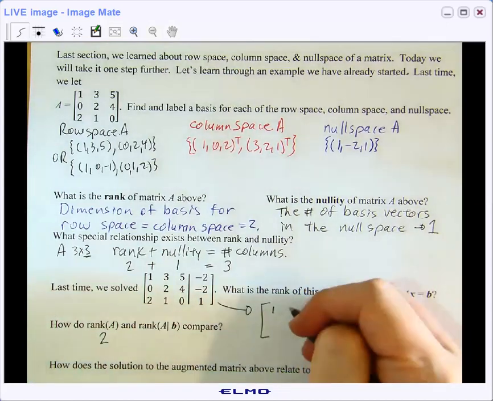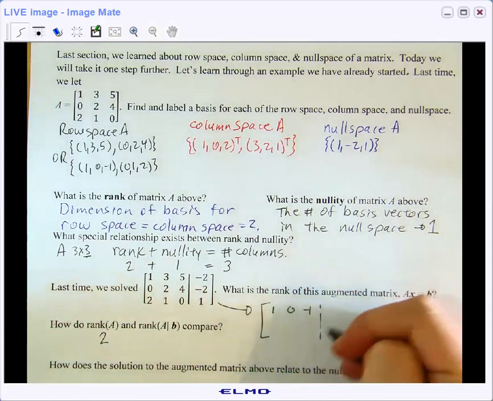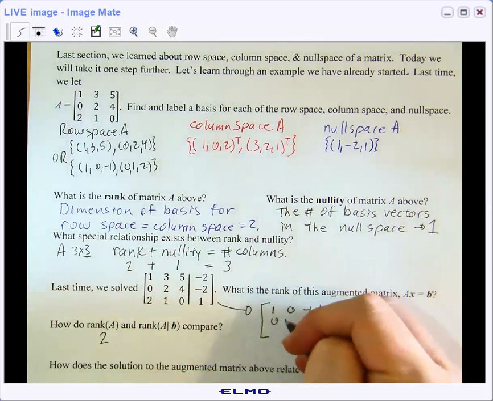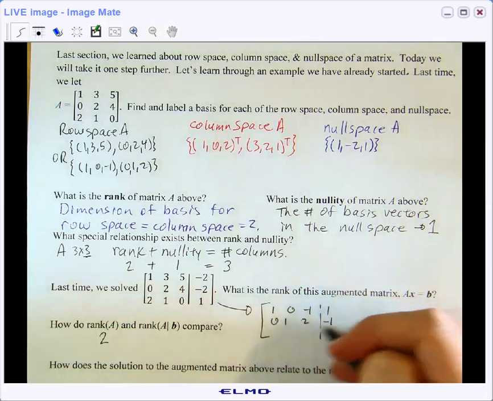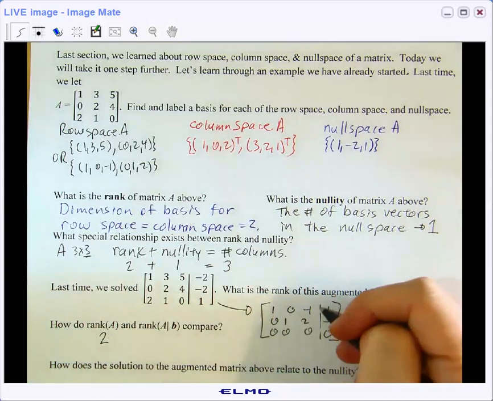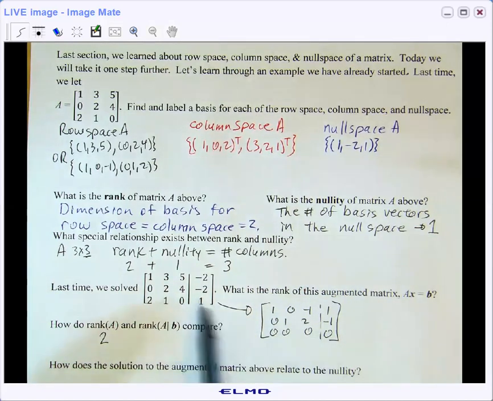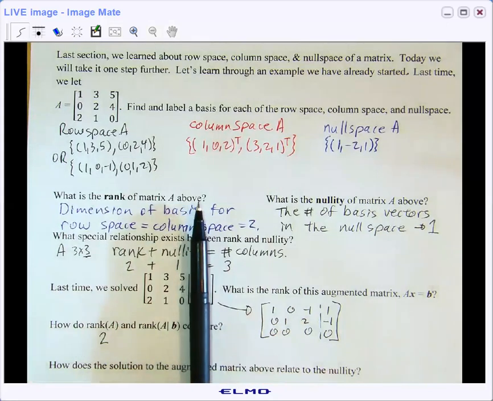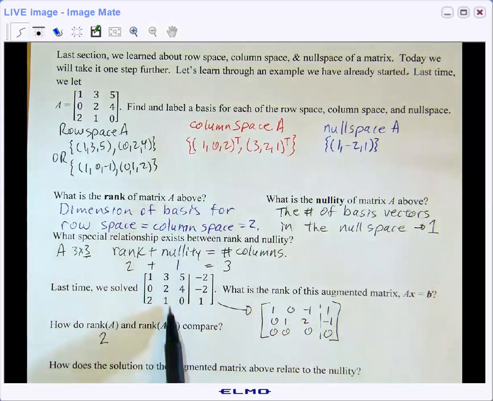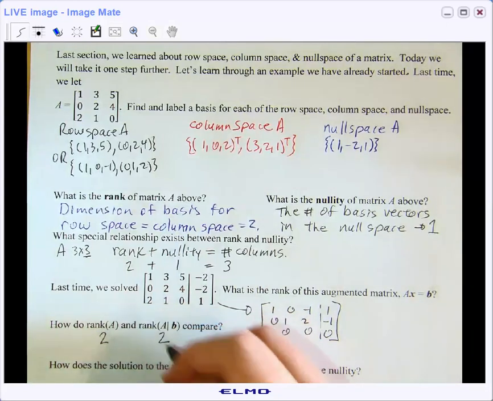We get 1, 0, negative 1, 1, 0, 1, 2, negative 1, and 0, 0, 0, 0. Okay. If we take a look at this matrix now, the original coefficient matrix, just this guy, has a rank of 2, and the rank of the matrix that is augmented with the constants also has a rank of 2 because we have 2 leading ones.